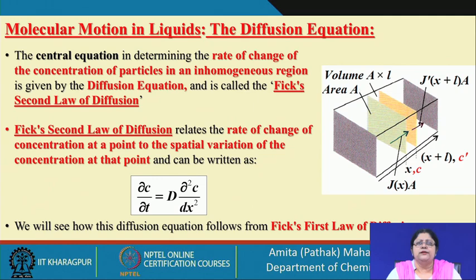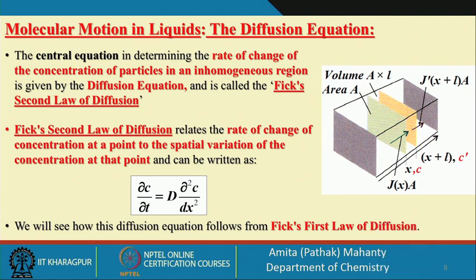This is called Fick's second law of diffusion, and Fick's second law of diffusion relates the change of concentration at a point to the spatial variation of the concentration at that point, and we can write the equation as the change of concentration with time. Rate means with time.